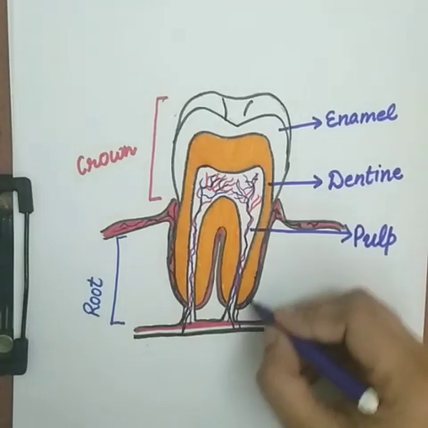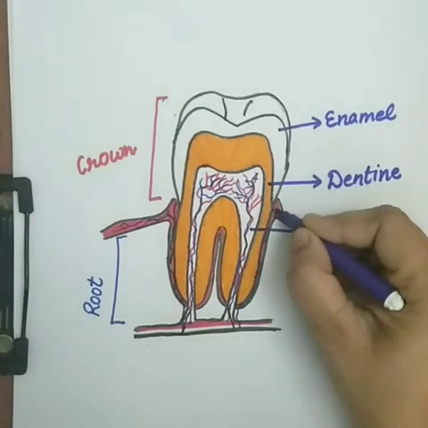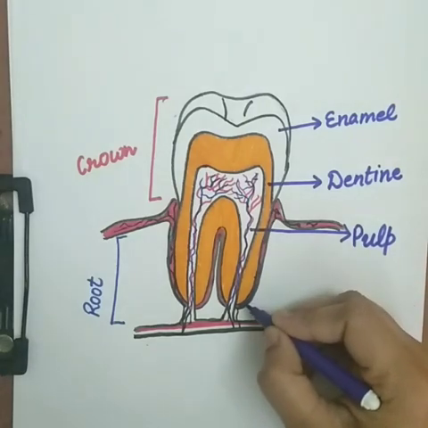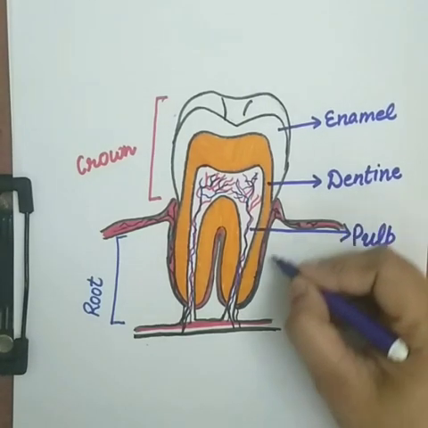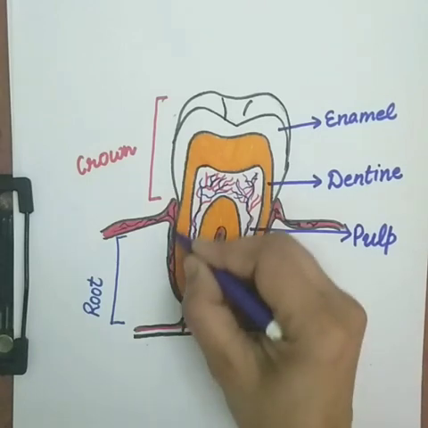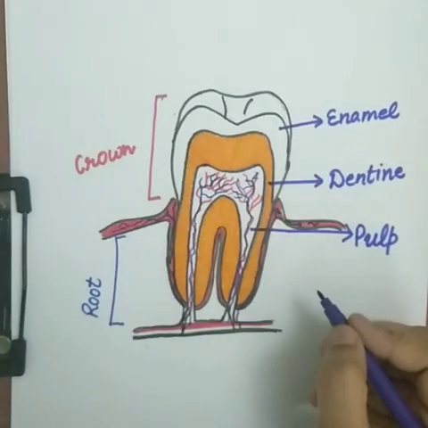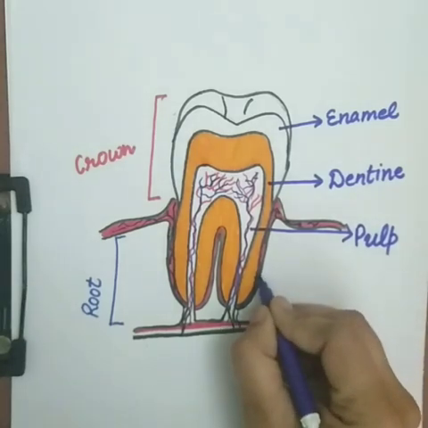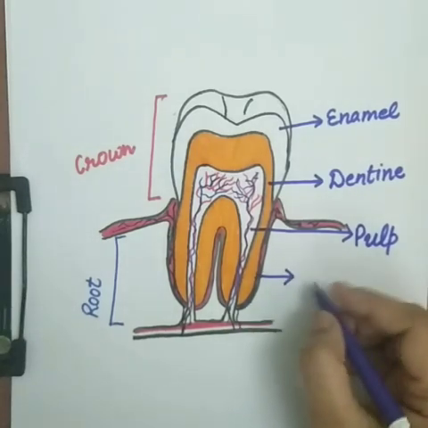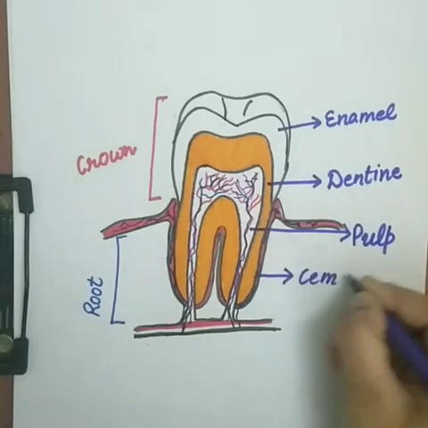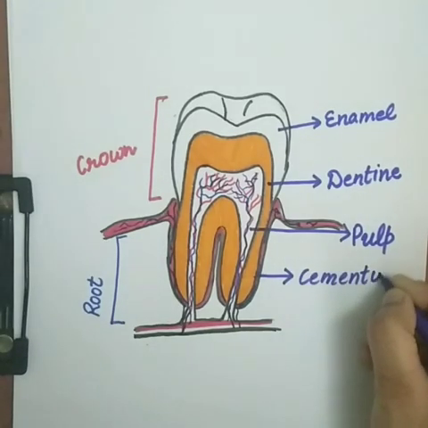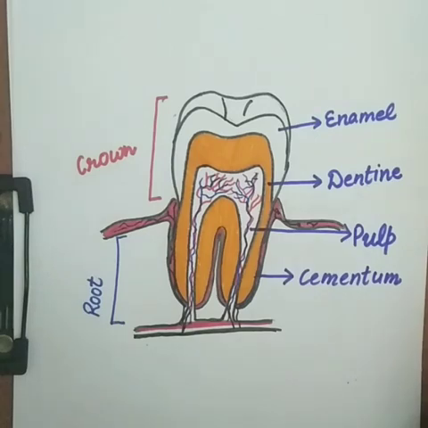See, you can see here, this is the bone-like substance which is around the teeth, which covers the root part of the teeth, we can say. This bone-like substance is called cementum. It fixes each tooth firmly to the jawbone.